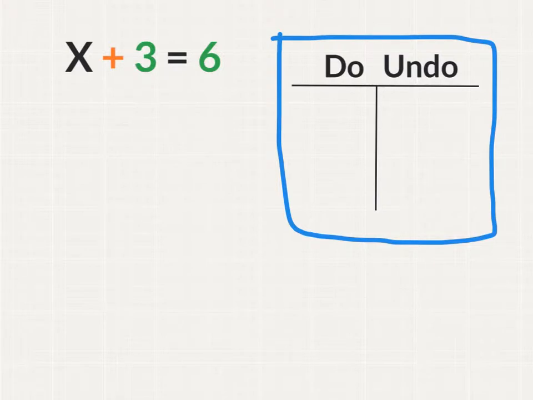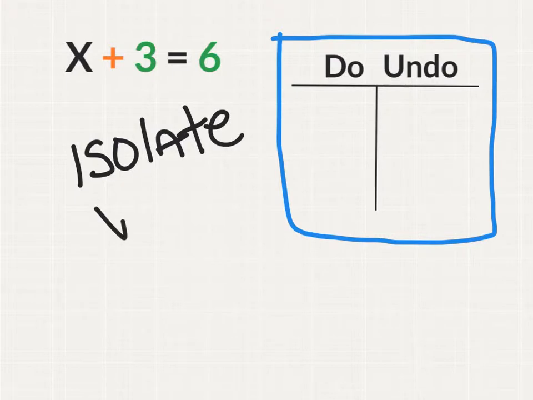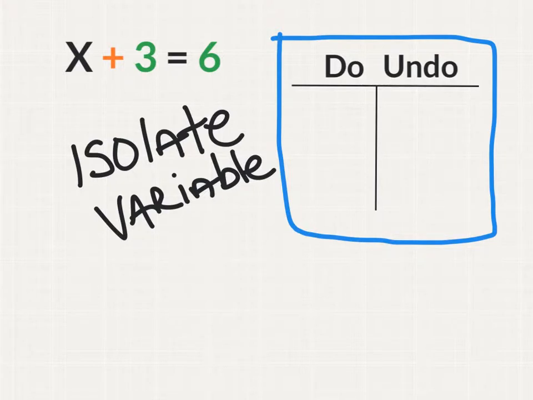Well, if you remember, we've said before that job number one was to isolate the variable. In order for us to solve a one-step algebraic equation, we must first isolate the variable. And you may remember, to isolate means to be all on its own, to be the only value on one side of the equal sign.